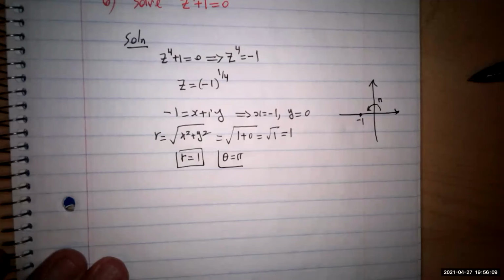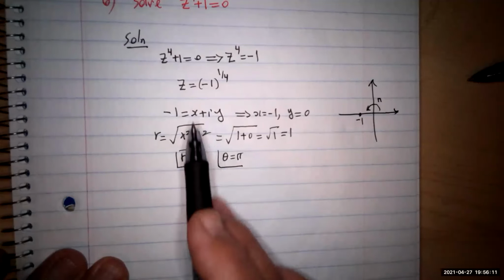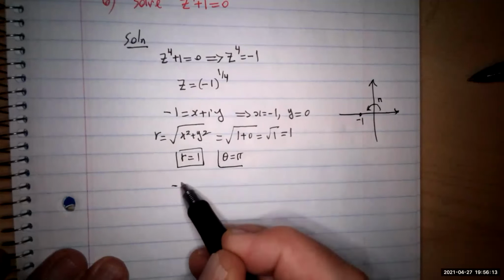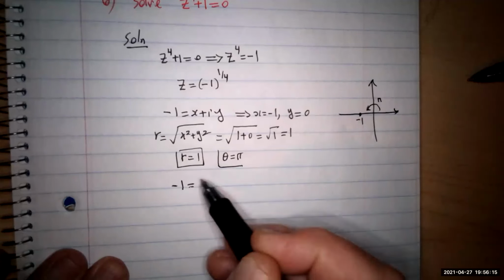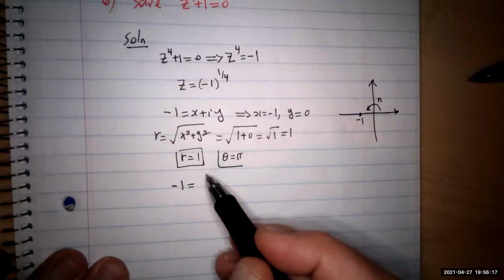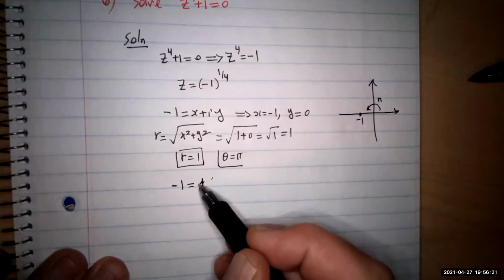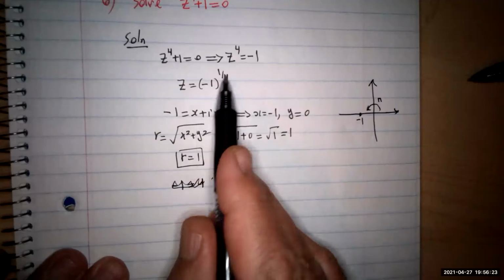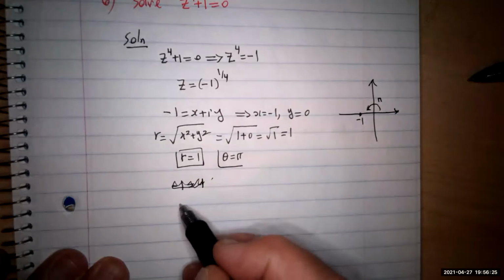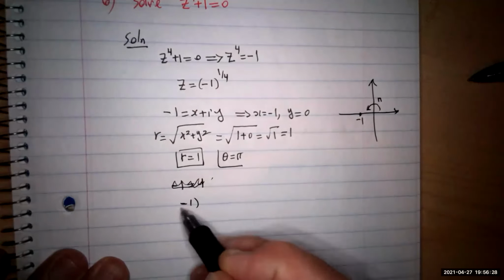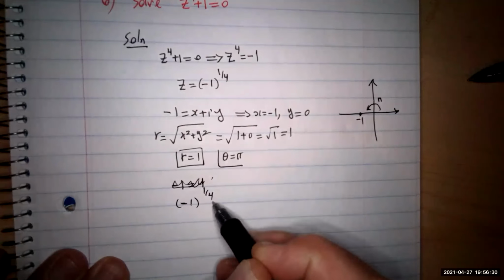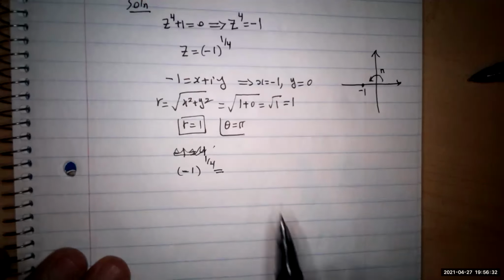Okay, and now we are ready. So the -1 can be written as r equal to 1 cis. We don't need the cis for this one because we go with -1 to a quarter, okay? So it's going to be -1 to a quarter. I remind you the formula again, then I substitute.